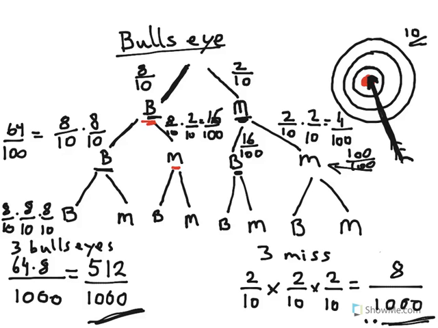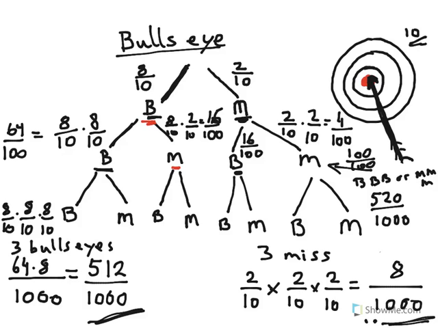So the chance of us getting any other combinations, either 2 misses and 1 bullseye, or 2 bullseyes and 1 miss, must be the difference between these two. So we know that we have 520 chances out of 1,000 for either 3 bullseyes or 3 misses.